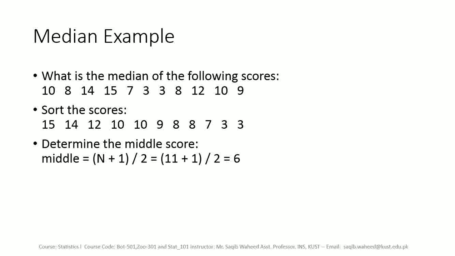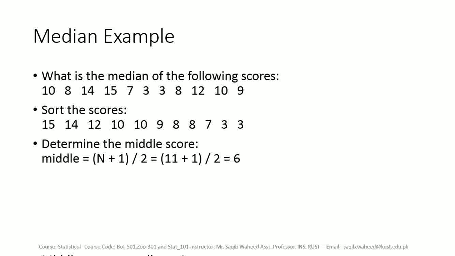because the total number of observations is 11. Putting the value of n, 11 plus 1 divided by 2, it becomes the 6th term.